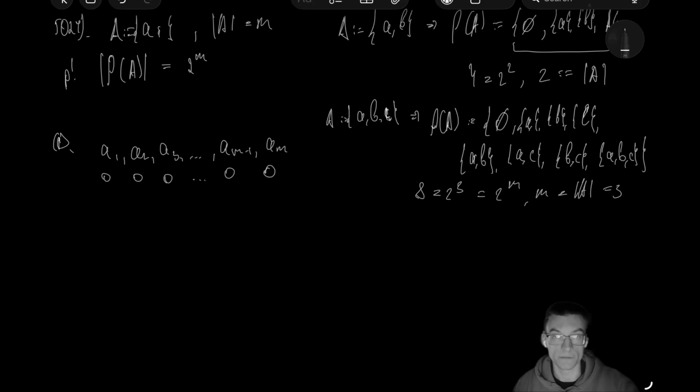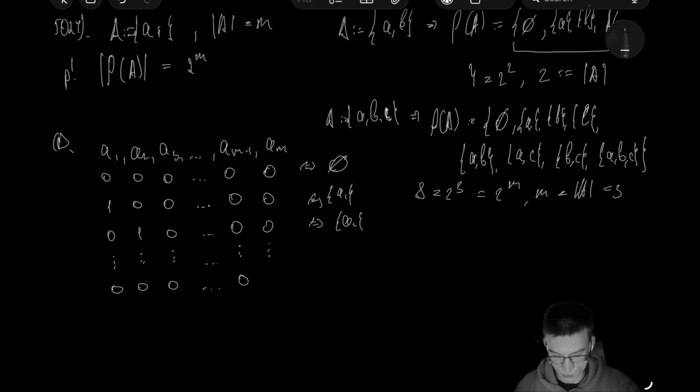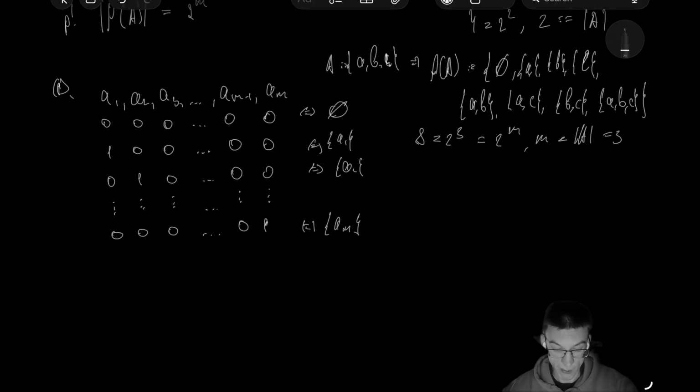So 0, 0, 0 means the empty set. Then we can have 1, 0, 0 until 0, 0, which means we included the first value, A1. Then 0, 1, 0 until 0, 0, equivalent to saying that we included the second element. Going the same way, we can reach the state 0, 0, 0 until 0, 1, which is equivalent to saying that we have only the mth element, which also belongs to this initial set.